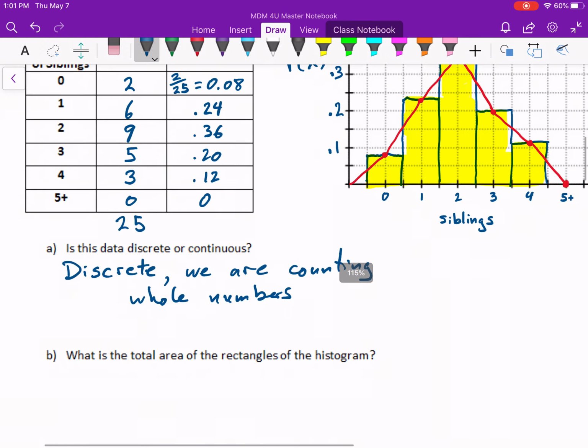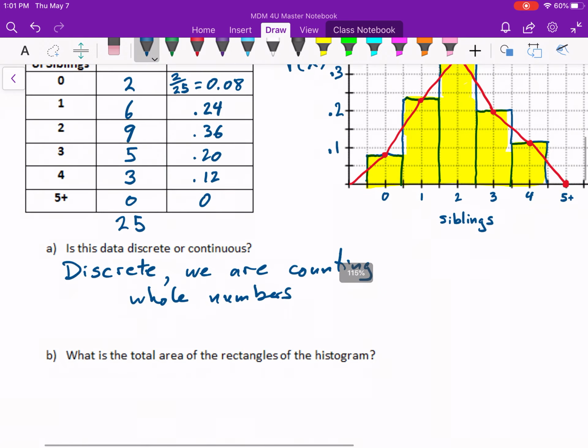When I add that all up, it better add up to 100%. I could add a 0 here on the end. Obviously that won't make a difference mathematically, but at least it feels like I've included the 5 plus. Adding those all up, so you can do a bit of mental math, and yeah, it definitely adds up to 1, or 100%. That's what we expect.